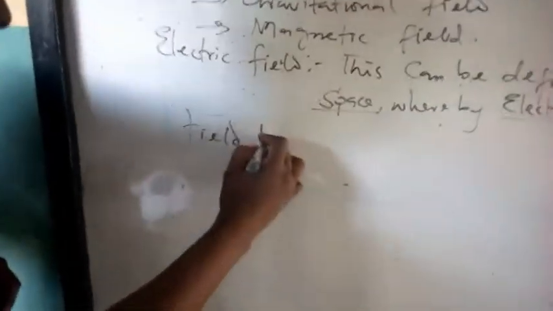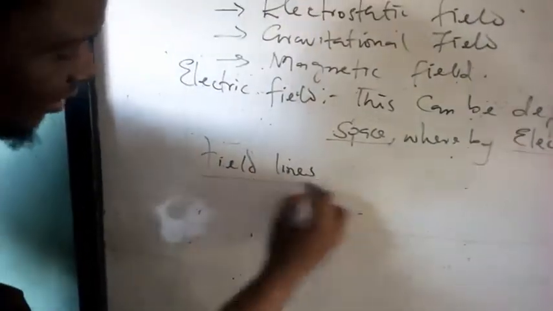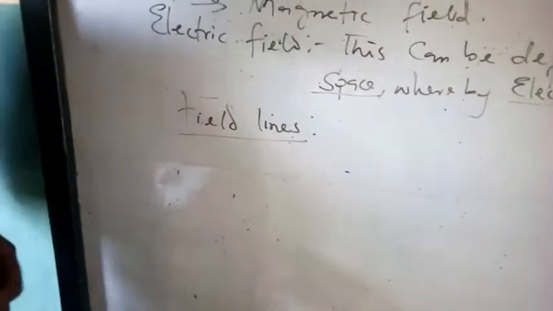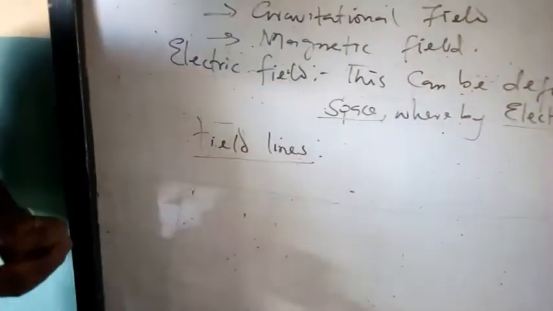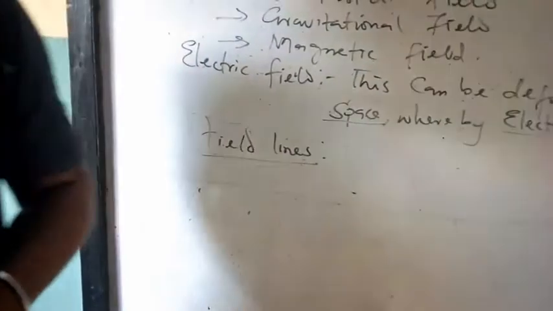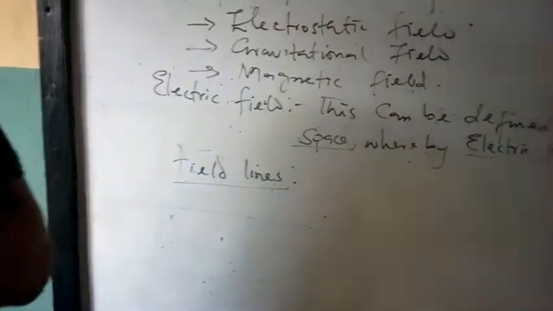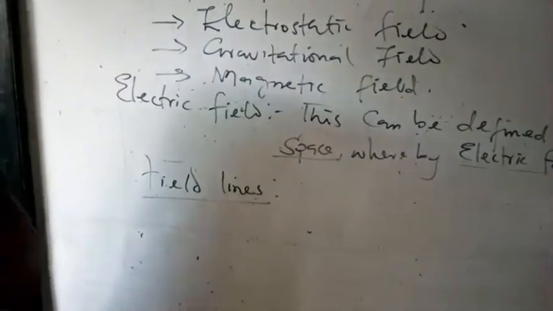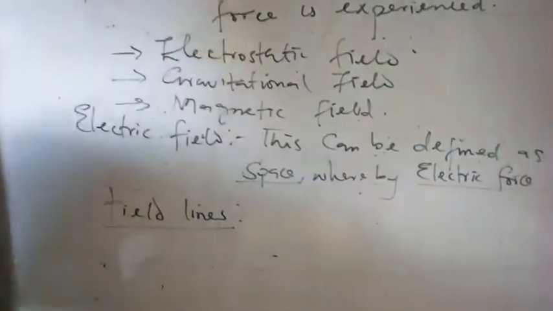Now, we want to look at some things that apply under electric field. We talk about field lines. I'm trying to take you back to your SS1 so that you can have a good foundation before we move from there. Now, when you talk about field lines, what are field lines? Field lines are imaginary lines that are drawn to describe the behavior of a field.